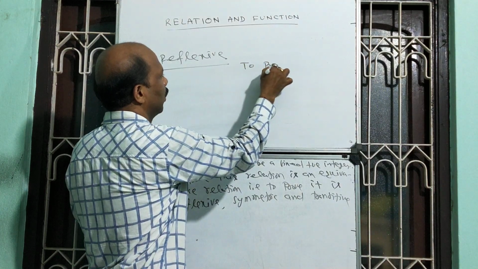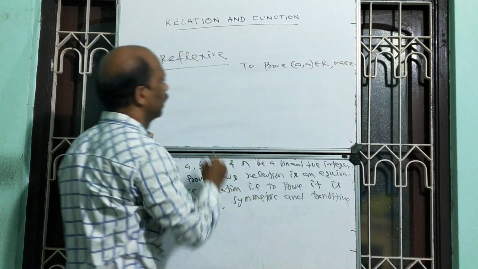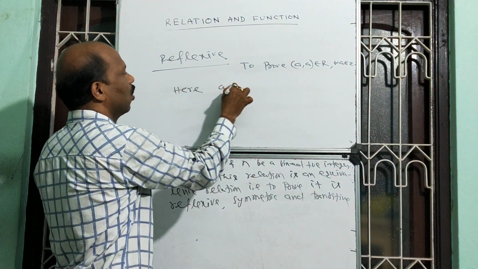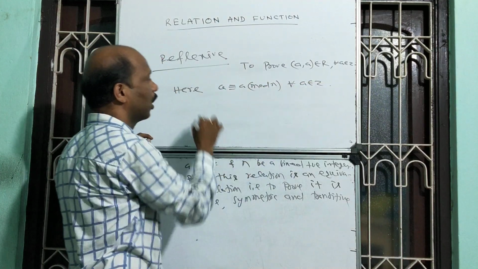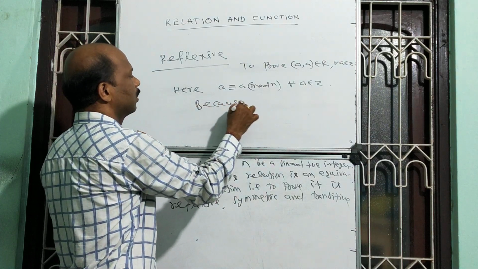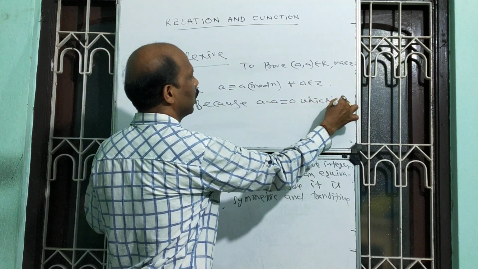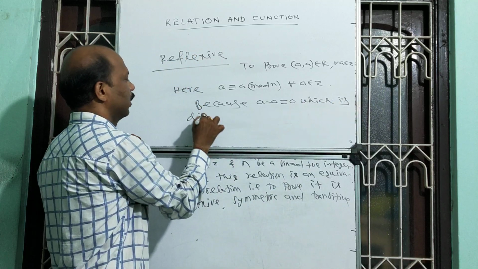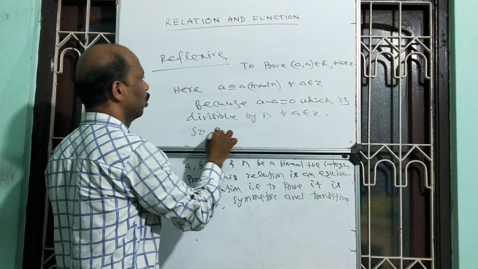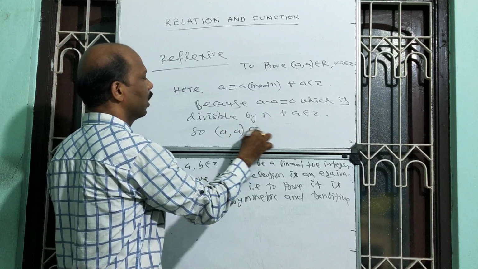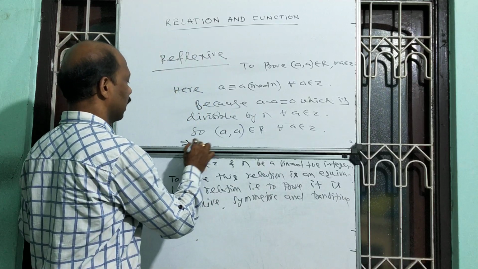To prove (a, a) belongs to R for all a belongs to Z. Here a is congruent to a modulo n for all a belongs to Z because a minus a is equal to 0, which is divisible by n for all a belongs to Z. So (a, a) belongs to R for all a belongs to Z. That implies R is reflexive.